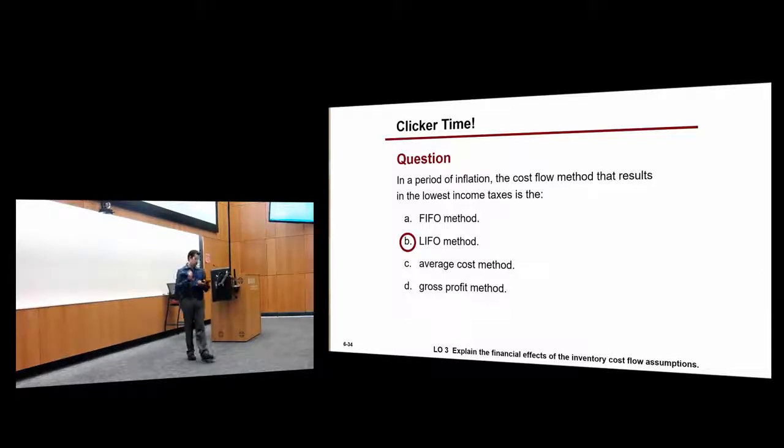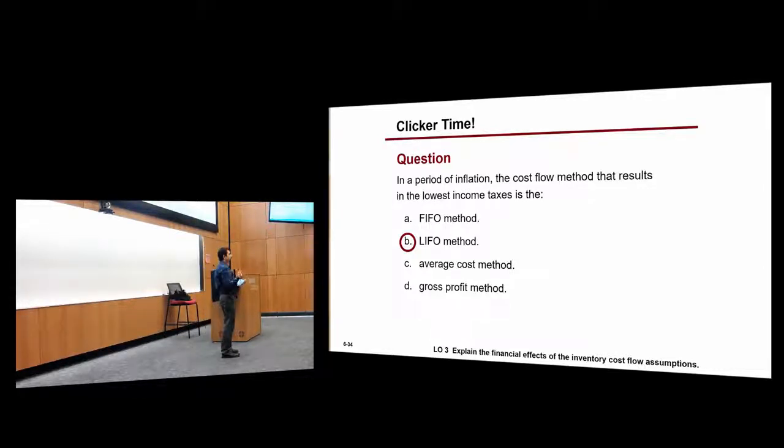So the cost flow method that results in the lowest income: in a period of inflation, the prices are going up. Okay, so when the prices are going up and you are taking the cost of the latest ones, you will be taking the highest value of cost of goods sold.